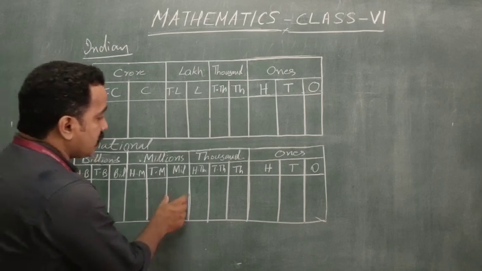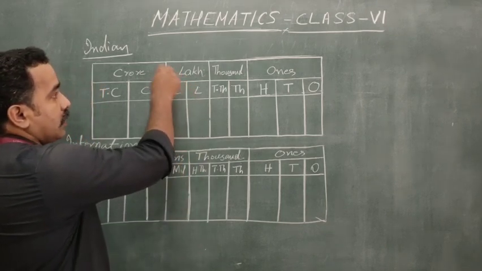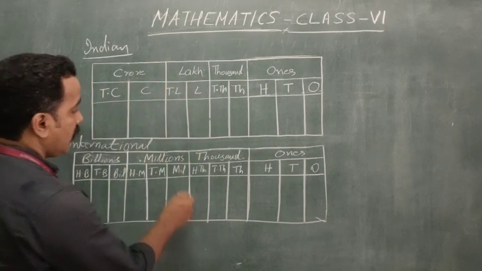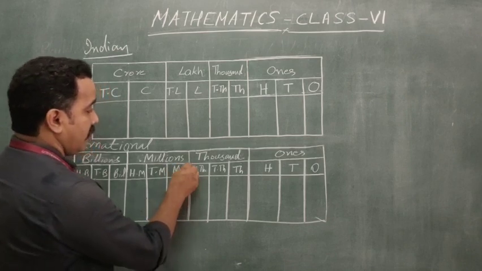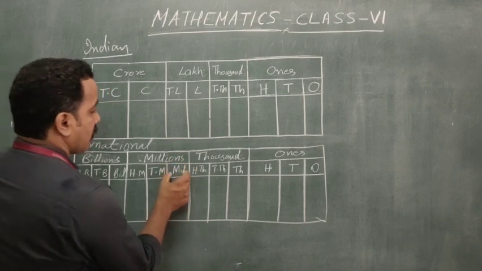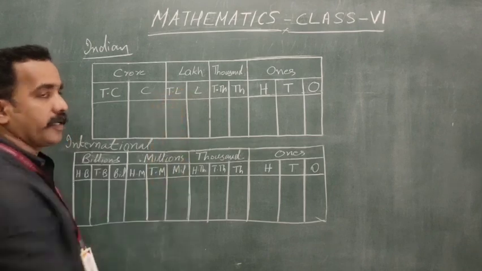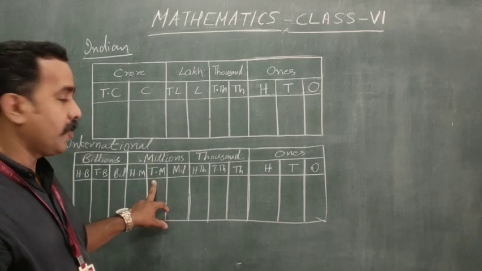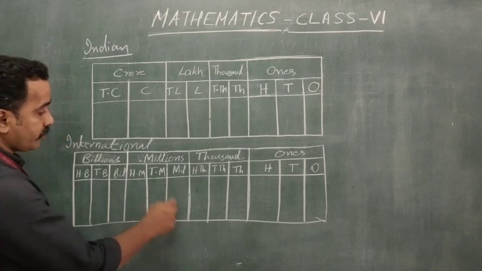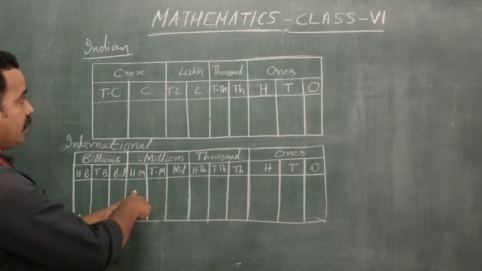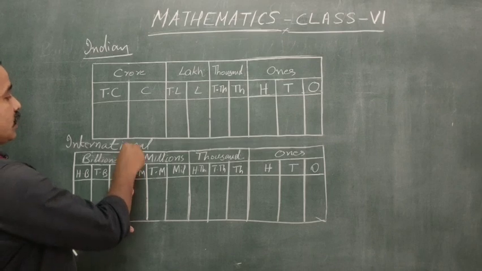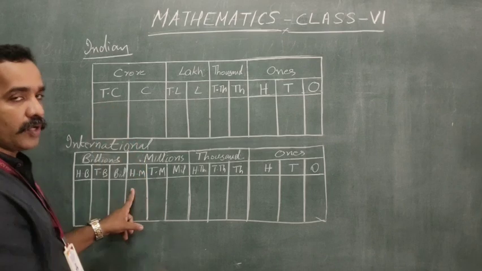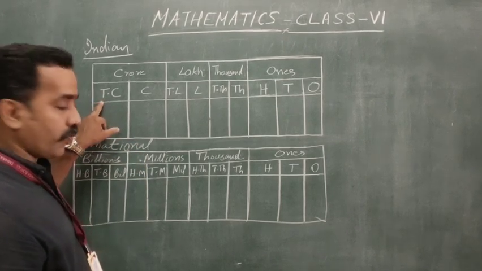If you compare this with the Indian chart, 1 million corresponds to 10 lakh, and 10 million is equal to 1 crore. And 100 million corresponds to 10 crore in the Indian place value chart.